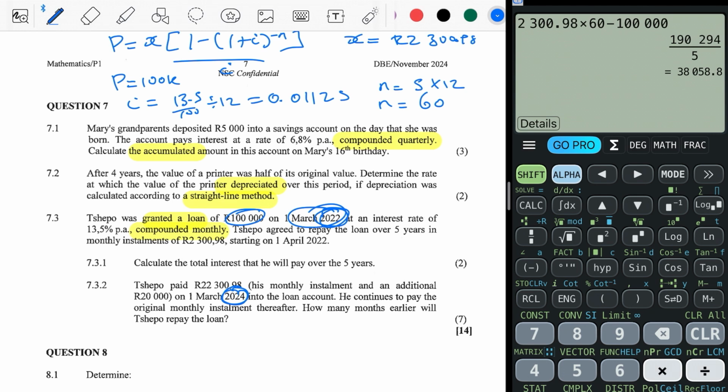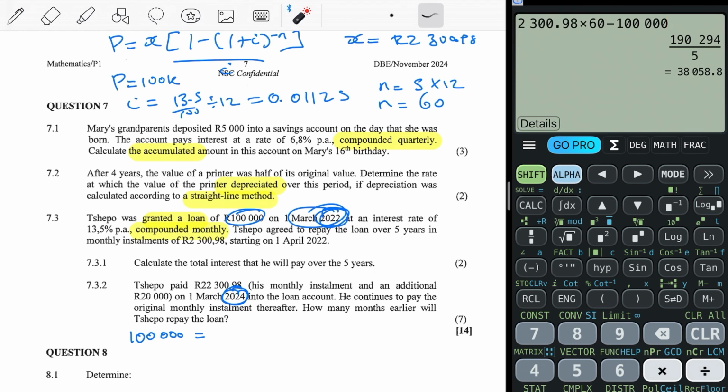So what am I saying? I'm saying Tepo owes 100,000. I'm going to use this formula here.